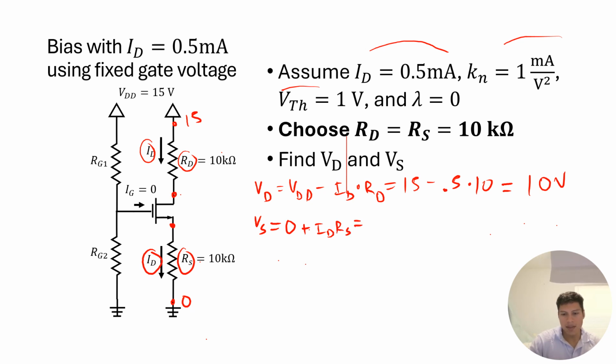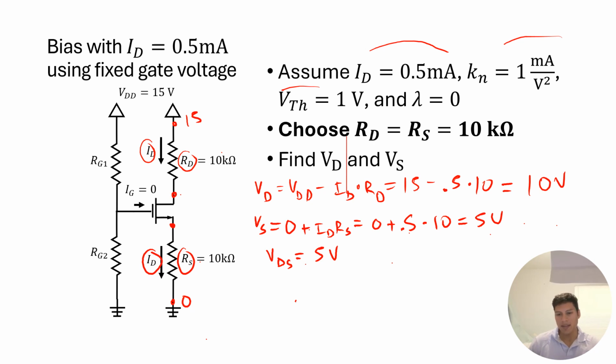ID is 0.5 and Rs is 10, so it's going to give us 5 volts. So now we know that VDS is equal to 5 volts. Okay, so now we know VDS, and that's basically all it's asking us.